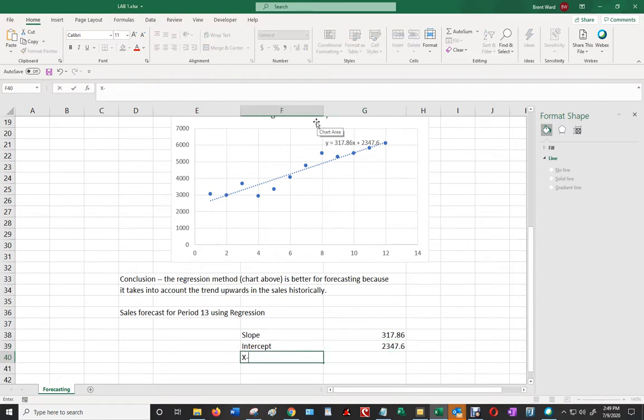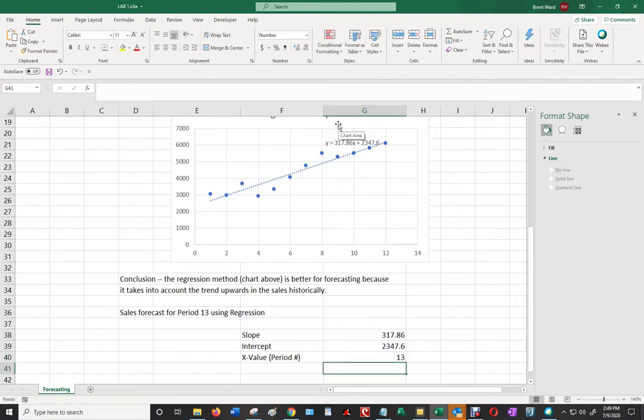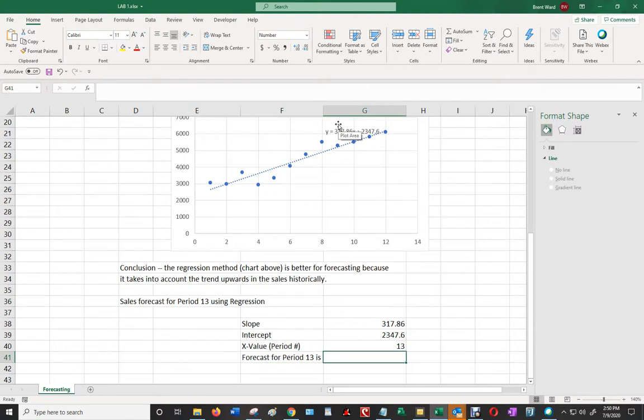My x value for the equation, which is the period number, is equal to 13. Remember, we're trying to do a forecast for period 13. So our forecast for period 13 is this slope multiplied by 13 plus this intercept, which gives 6480.